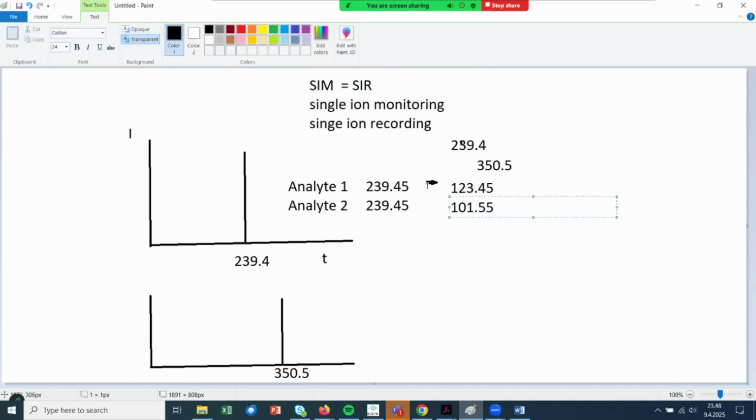And in the case of analyte 2, a characteristic fragment could be, let's say, 101.55. Now if we fragment those molecular ions and analyze the fragments in the next mass spectrometric step, then we can tell the difference. For analyte 1, we see this fragment but not that fragment. For analyte 2, we see that fragment but not this one. And this is tandem mass spectrometry.